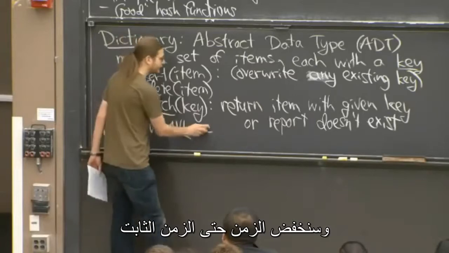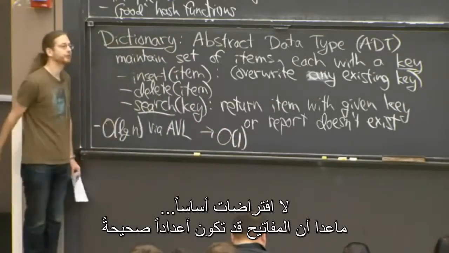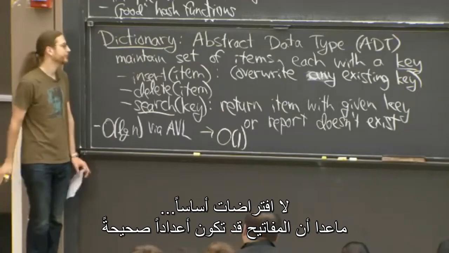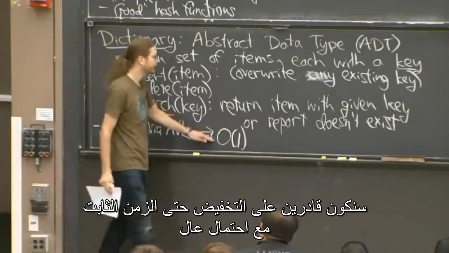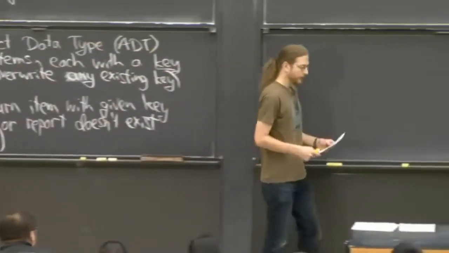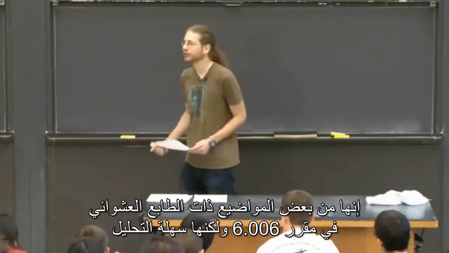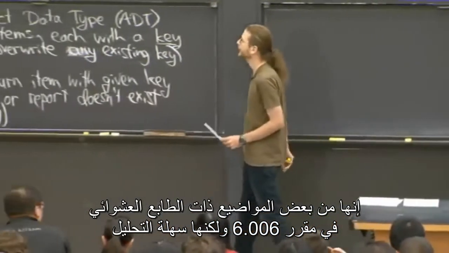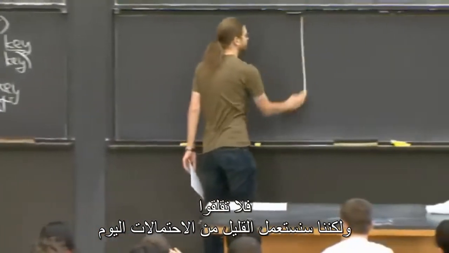And we're going to get down to constant time with basically no assumptions, except maybe that your keys are integers. We'll be able to get down to constant time with high probability. So it's going to be a randomized data structure. It's one of the few instances of randomization in 006, but it'll be pretty simple to analyze, so don't worry. But we're going to use some probability today. Make it a little exciting.